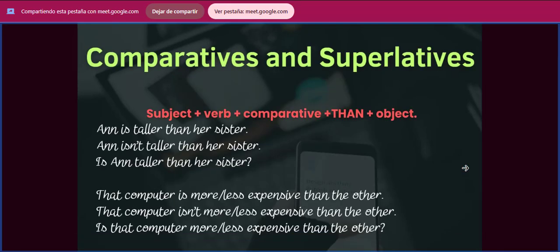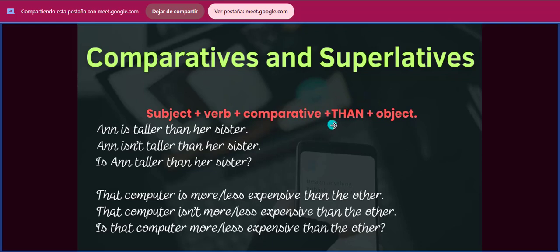Then over here we have some sample sentences that I think will help you to understand what we have in the chart. So following the structure that we used for the simple present, I'll provide you first with the formula. In this case, to make a comparative comparison, we'll have first the subject, then the verb, then the comparative form, then the particle than, and then the object.